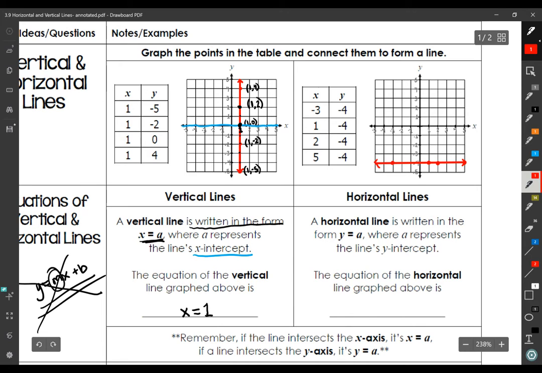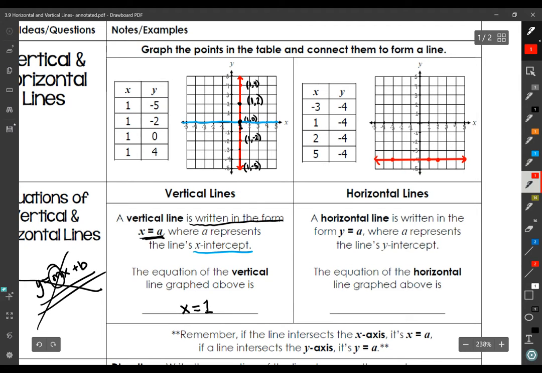Just like that. Now remember with our vertical line, all of the x coordinates were the same, constant, meaning they stay the same. Well, in a horizontal line, it's our y coordinate that stays constant. So for example, this point is -3, -4.